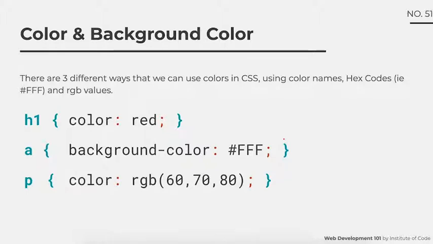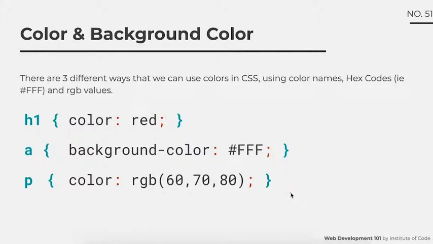If we selected A curly bracket background color #FFF, you may or may not have seen hex codes before, but that designates a specific color. We're going to tell all of our links to have that background color. If we target our P element, we're targeting all the paragraphs and giving them a color of RGB 60, 70, 80, which is probably some shade of gray.